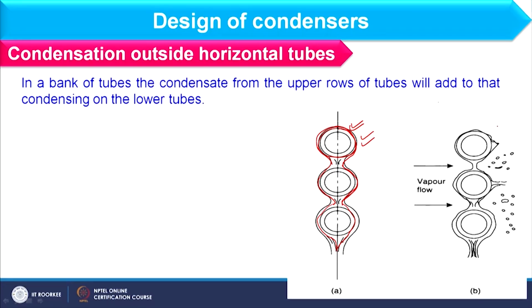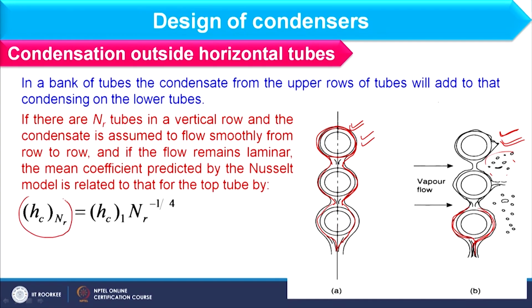However, in actual sense the movement of the film will be like this, where I have some vapor and some uneven film over the tube. Now, I am considering the heat transfer coefficient as Hc for Nr, where Nr is the number of tube rows in the bundle.